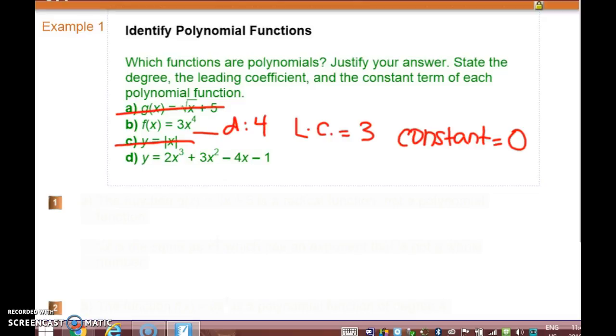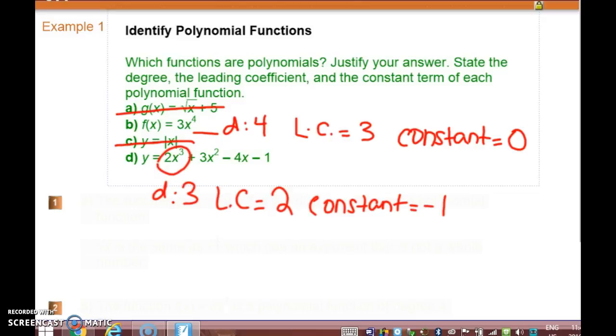Okay, so this one has a degree of 3, a leading coefficient of 2, and a constant of -1. And remember, the constant means that's where it's crossing on the y-intercept.